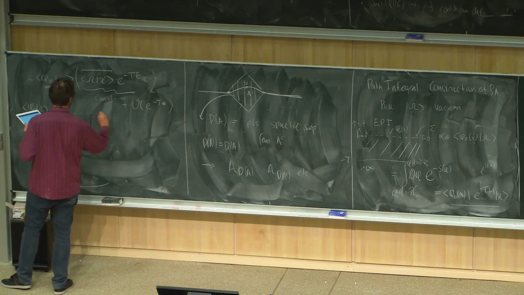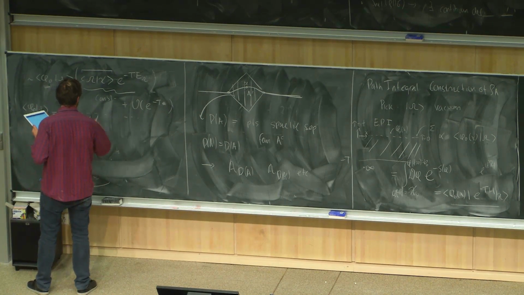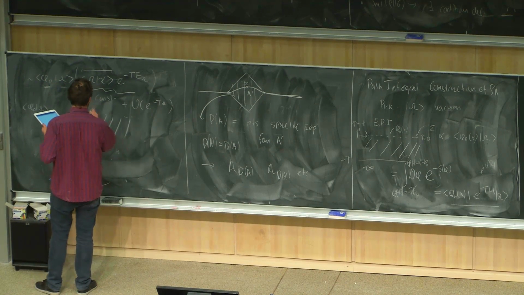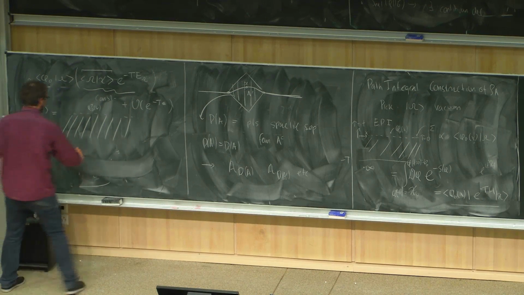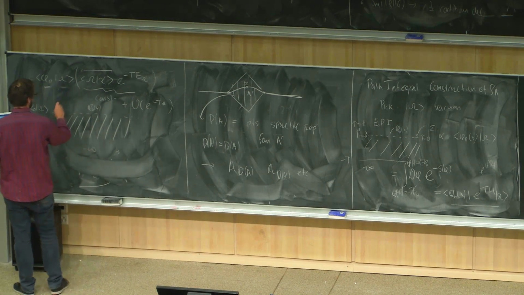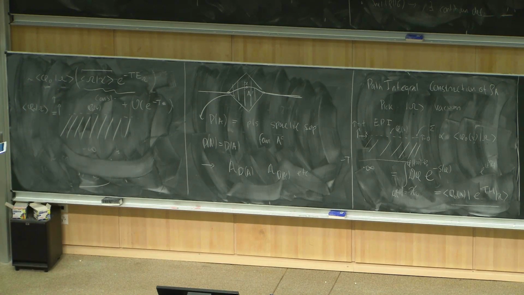The picture that I drew originally, let me just draw it again. Phi 0 of x, and this is from minus infinity in Euclidean time. Is everyone okay with this? Because if you're not, it's going to get confusing.